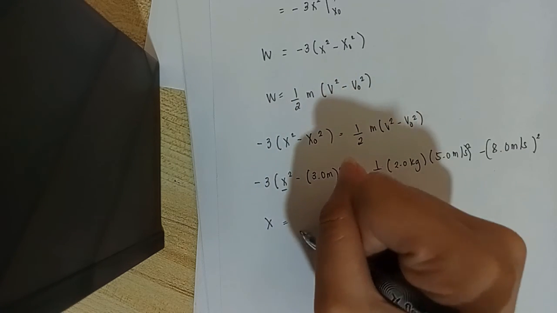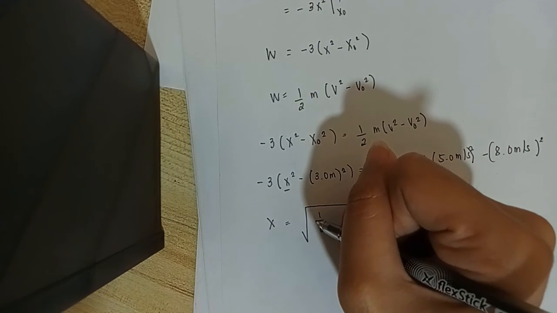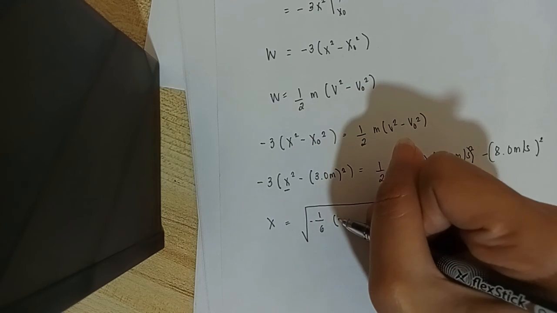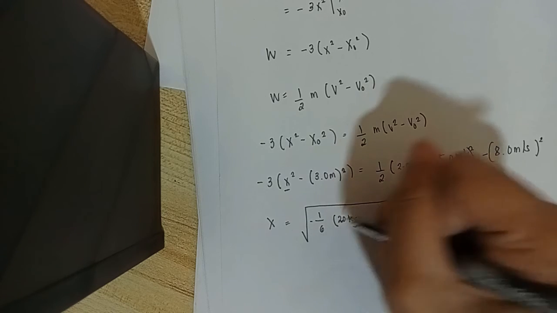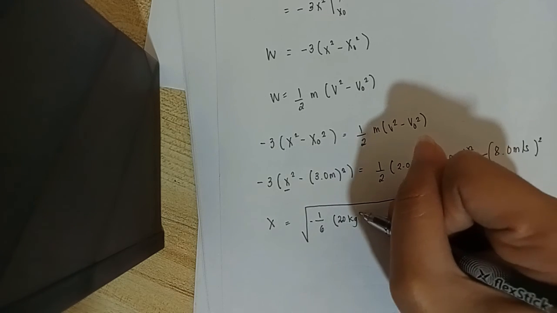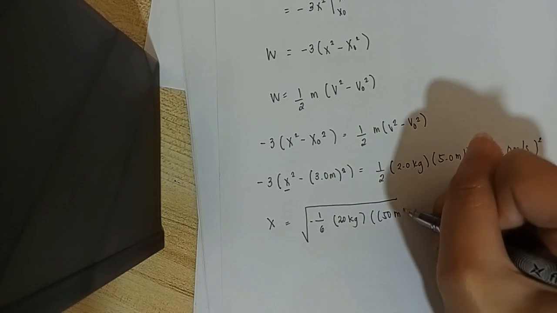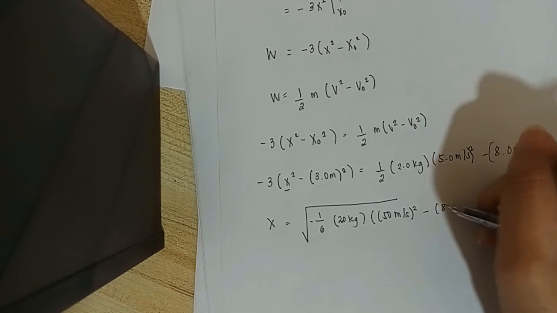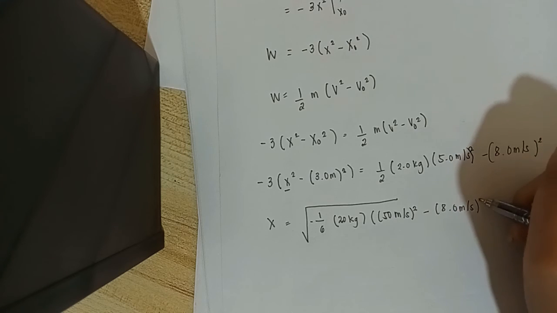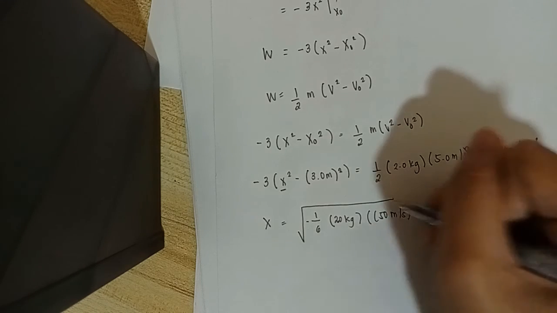That will be x is equal to the square root of negative 1/6 multiplied by 2.0 kilogram, multiplied by 5.0 meter per second squared minus 8.0 meter per second squared, plus 3 meter squared.